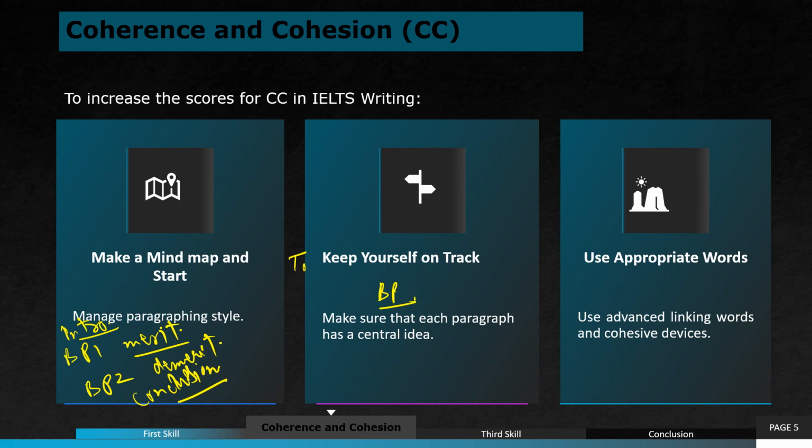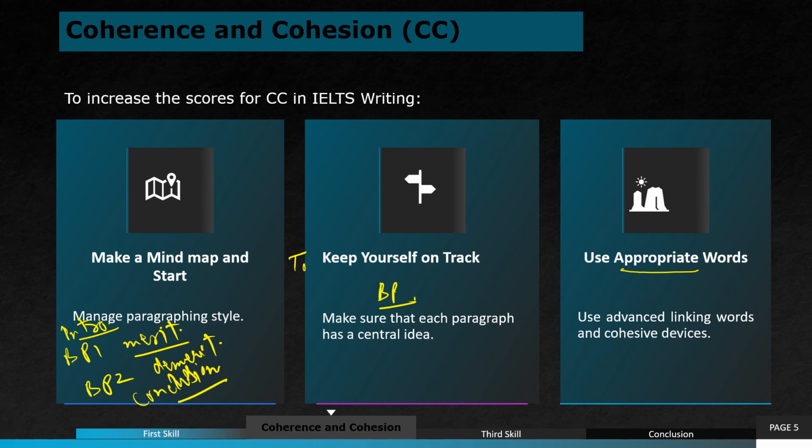Okay, use appropriate words. Whenever you are going to write a line or a sentence, you need to pick only those words which are a perfect or appropriate fit with the other ones, as we discussed in the example of the sun climbing or the sun rising in the previous slides.